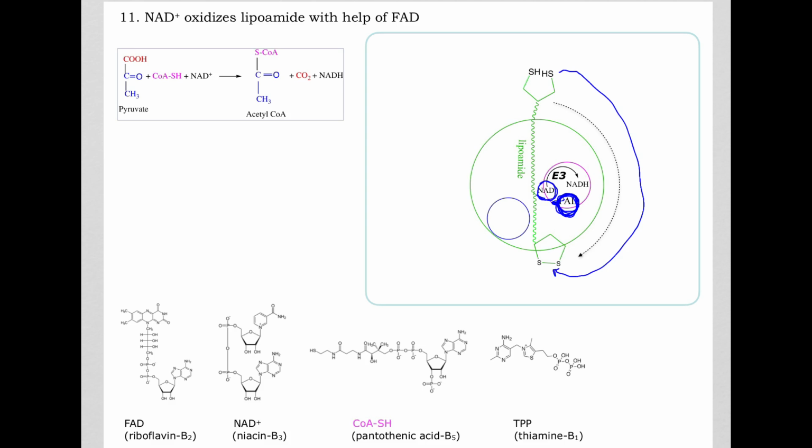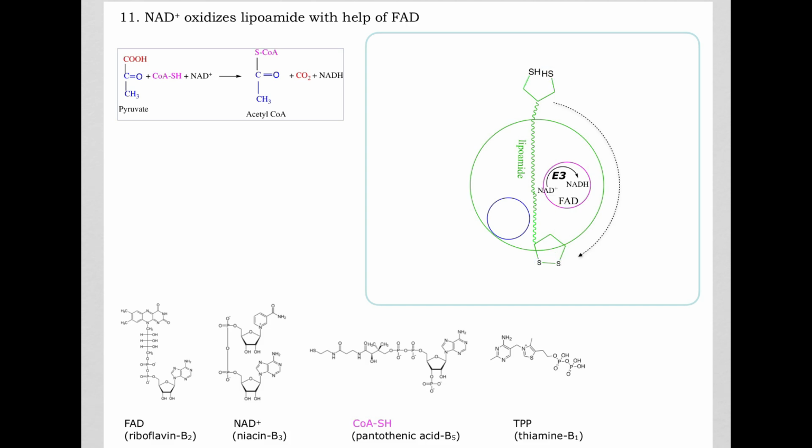Now NAD, on the other hand, is not attached to the enzyme. NAD comes into the active site, and after the oxidation of the thiols into the disulfide, NAD becomes NADH, which is a product, and that gets out of the active site. So the actual oxidation of these thiols into a disulfide requires NAD and FAD, and the mechanism of this reaction is still poorly understood.